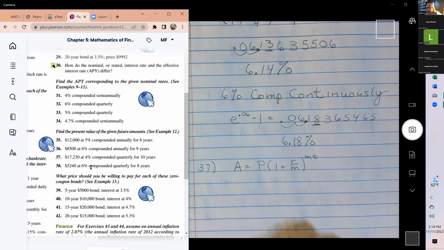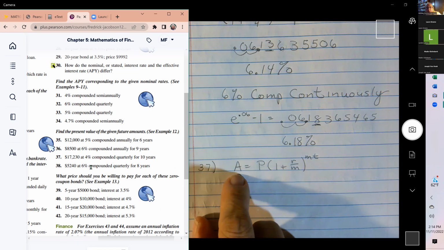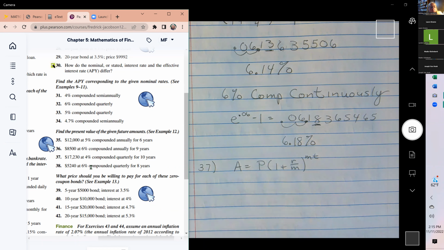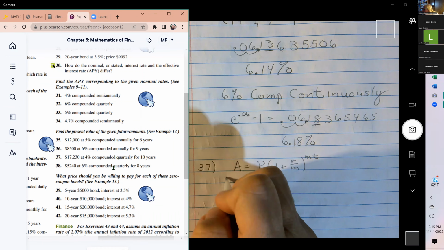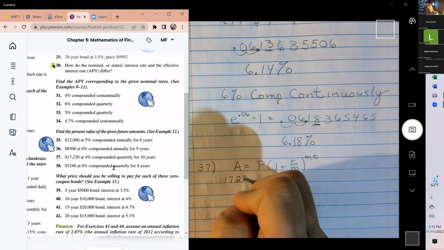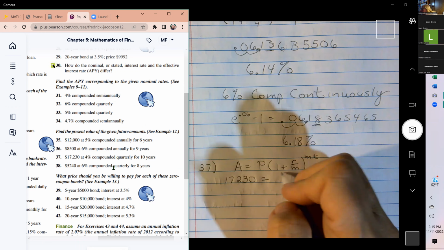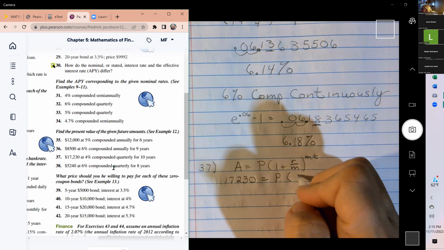We're looking for present value. That's your P. We're given future value. Remember, A is future value. So we want to plug these in and solve for P. 17,230 is the future value. So that's our A. P is what we're looking for.